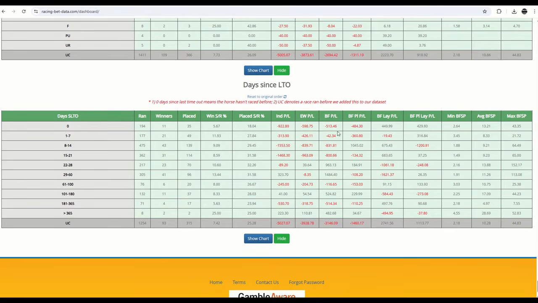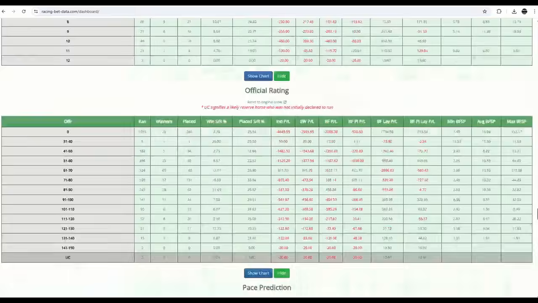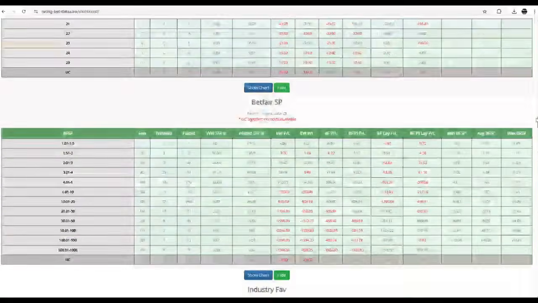You can see here that there's been consistent losses for horses that have ran within the last 3 weeks. Anything over 3 weeks, there's more of a profit. And obviously these are the ones that ran prior to 2021 that we don't have the record for. But again, worth noting, anything over 22 days since its last run has historically shown a positive return.